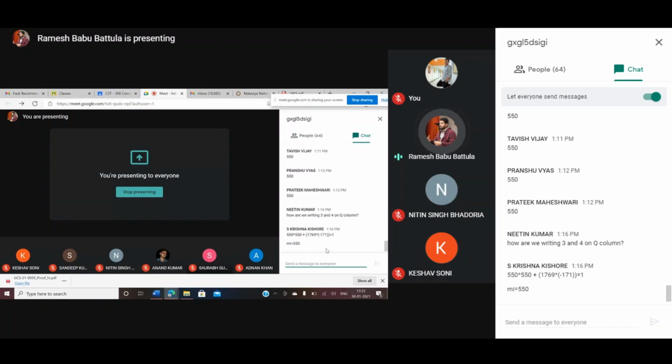Suppose any polynomial is given to you, they may ask you to add. Suppose I provide two polynomials to you. How are you going to perform addition among those two? Please let me know. Suppose x to the power 5 plus x plus 1, and another one is x plus 1.